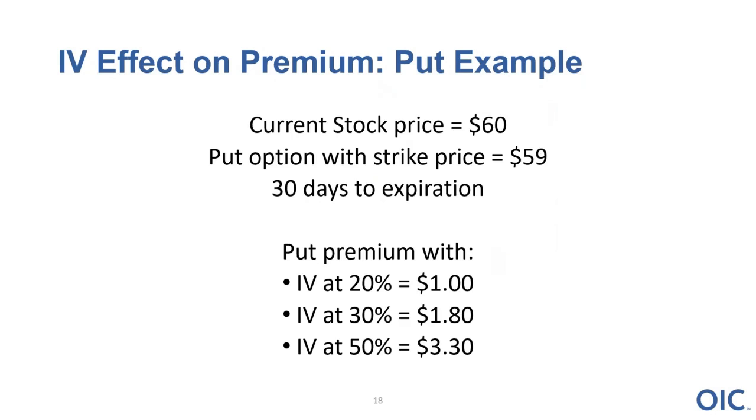If we increase it even further up to 50%, you can see the dramatic effect that these changes in implied volatility have on the option premium. And these kinds of changes, 10%, 20%, can happen if there are large unexpected moves, or if news hits the market that was unexpected.